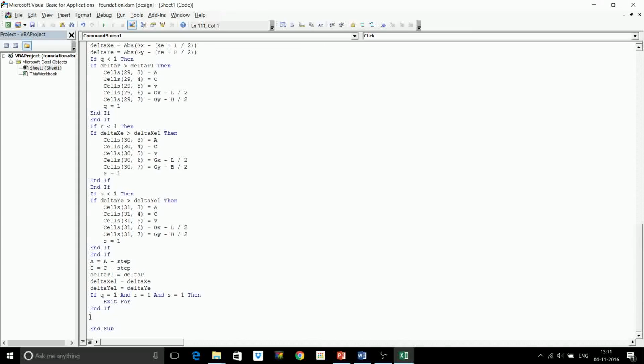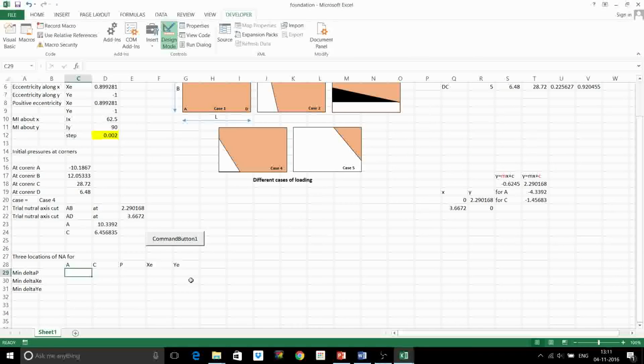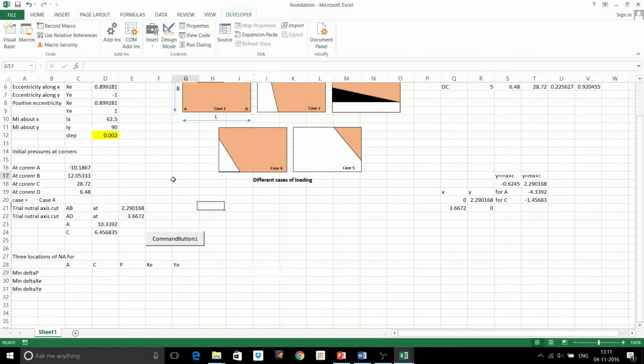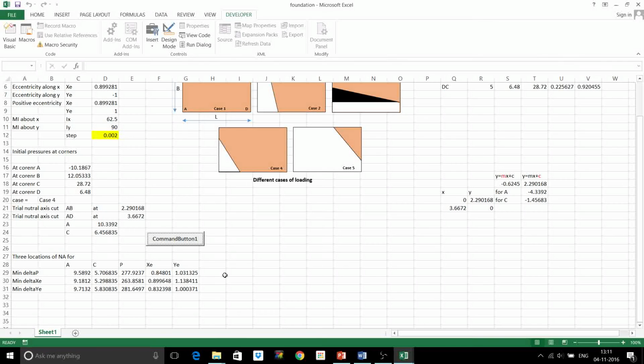Then next I check whether our program can work or not. Yes, let me check these values with my data available with me.